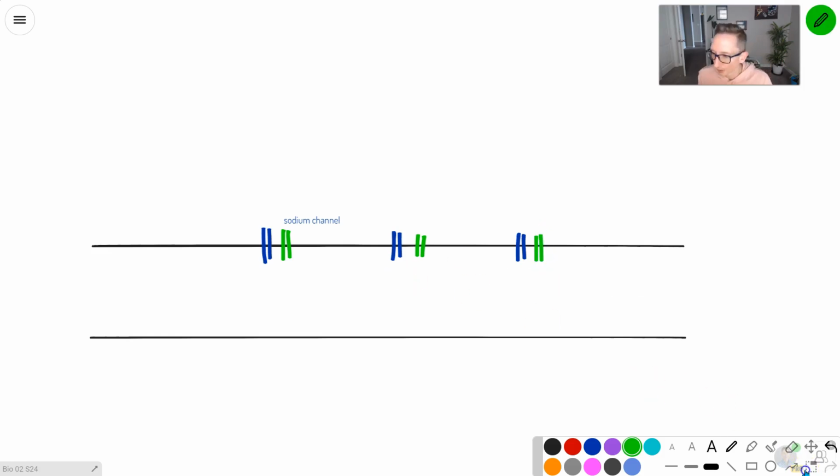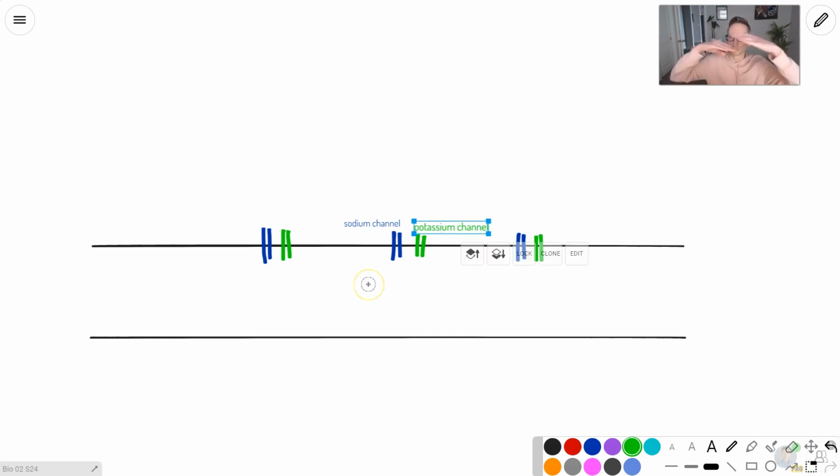So this is a sodium channel, and this is a potassium channel. And you'll probably want to draw these big. We're going to be drawing a bunch of these. You could do this whole thing on one page, this part, but we're going to be drawing a series of these. Just to give you a little heads up.